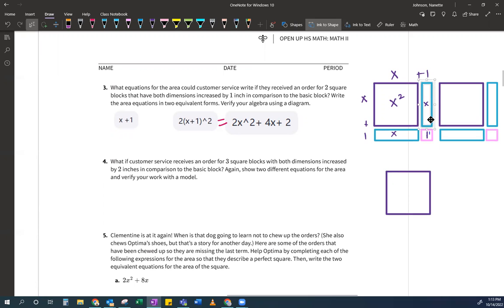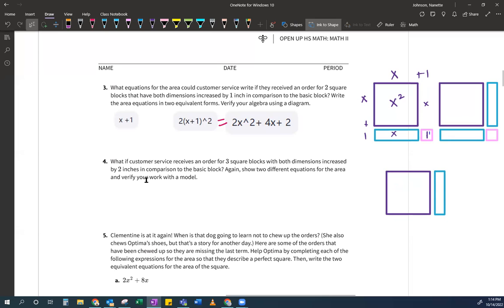So if this right here was increased by 1 inch, how many of these little rectangles am I going to need on each side? Ooh, someone put an answer in the chat. Sorry, I'm very excited right now. Okay, so how many of these am I going to need on each side?